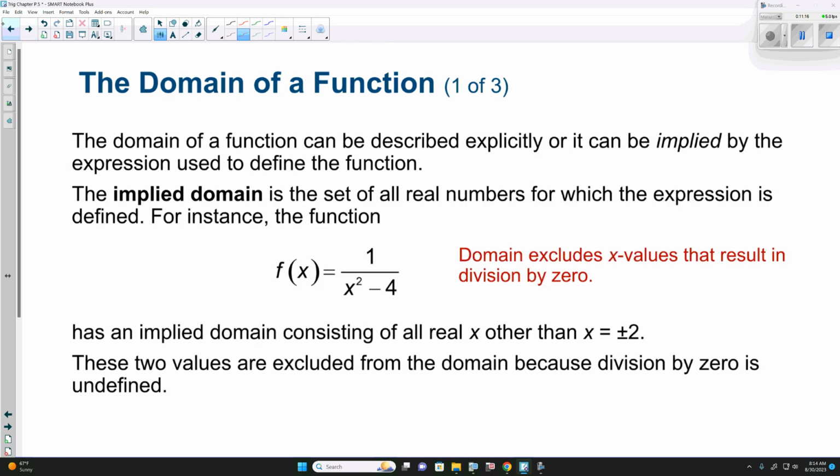Now, the domain of most functions is going to be all real numbers. For absolute values, quadratics, higher degree polynomial functions, it's going to be all real numbers. The only ones where we start having restrictions are rationals, when we have x in the bottom of the fraction, or radicals. Then we have some restrictions, because there are certain values that could make the denominator 0, and they have to be removed.